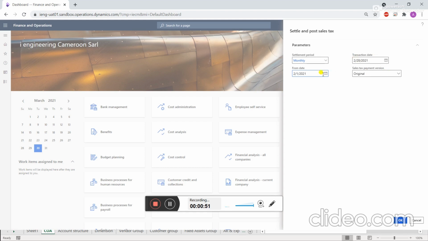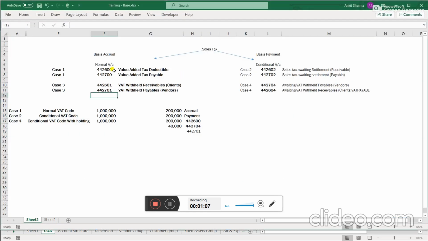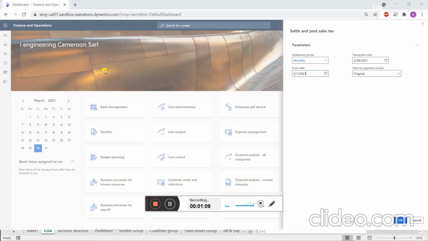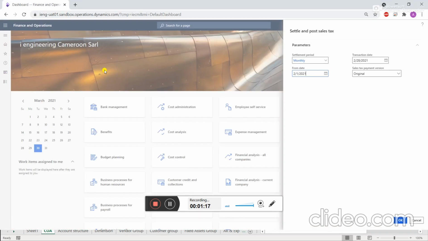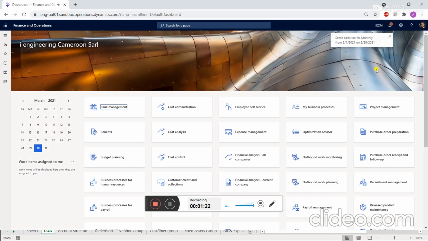When I run this, whatever tax is available in the normal VAT account, maybe on the VAT withholding account or in the normal VAT, the system will net them off and transfer to the sales tax authority account that is created under the vendor. Okay, so we can just run the settlement. The settlement has already been completed and the balance has been transferred.